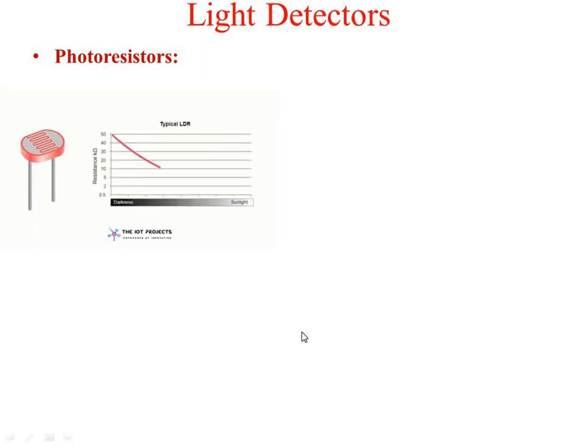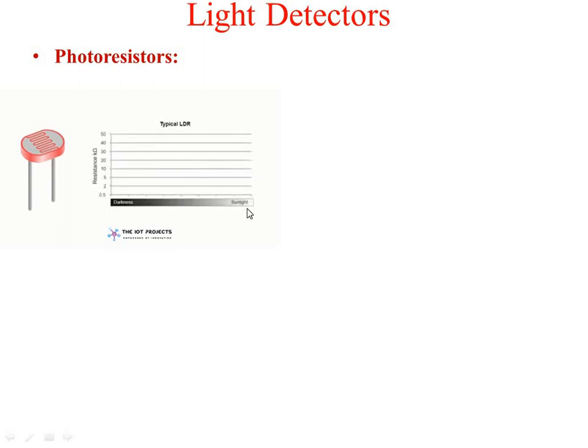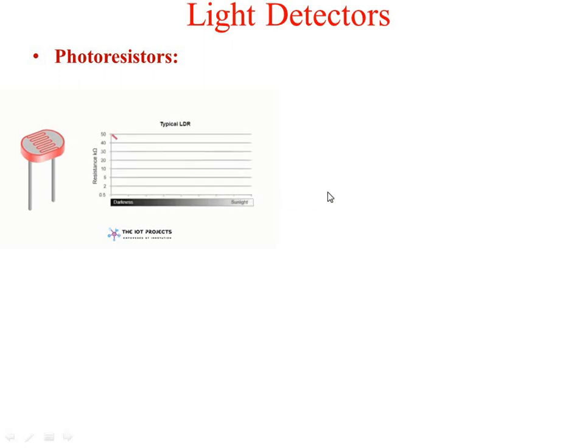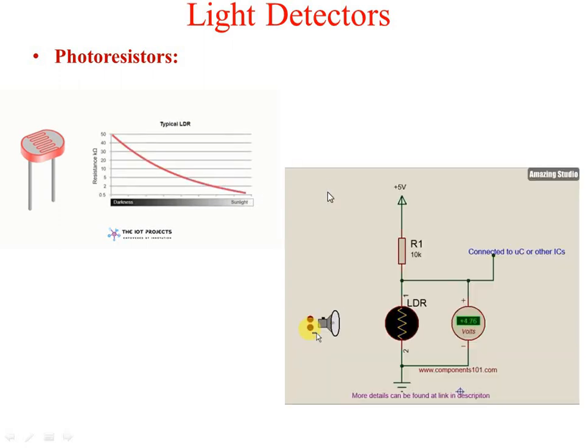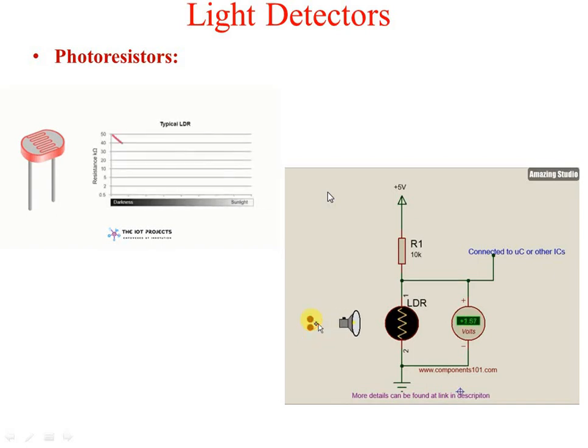So when the light falls on the surface, the resistance goes on decreasing. That means when you move from darkness to sunlight, you can see that the resistance will decrease from a few kilo ohms to ohms. Okay, this is what the photoresistor properties we can see, and this is an example where we will be getting the output voltage.